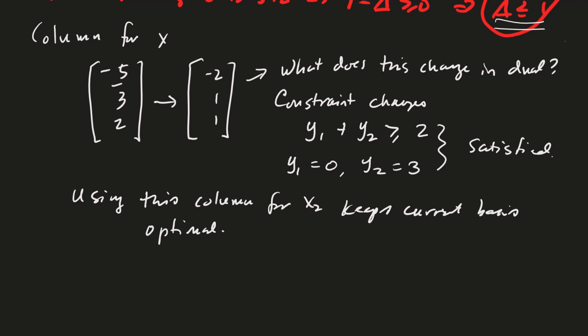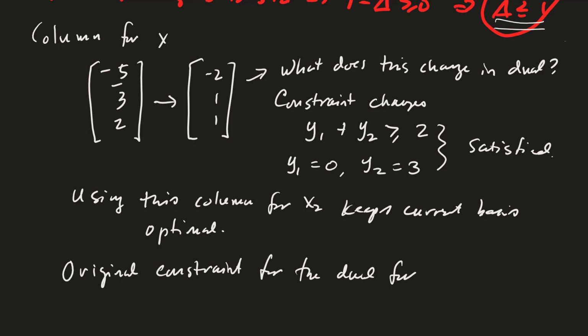One way to think about this column as well is that the column for x2 is telling us how much of the resources x2 is taking up. In other words, what it's costing us to produce. So suppose that we have our original constraint for the dual for x2.